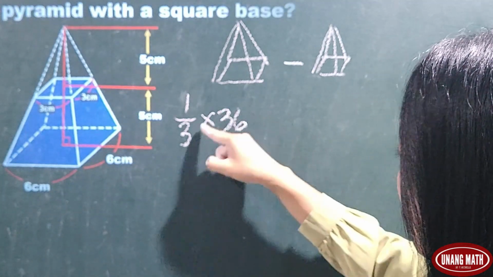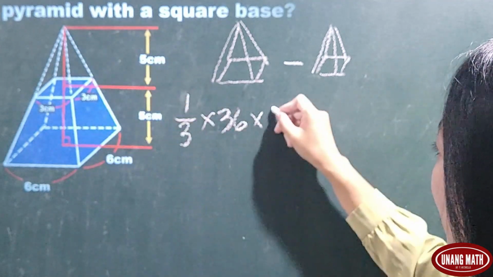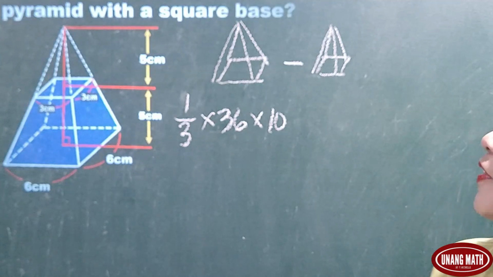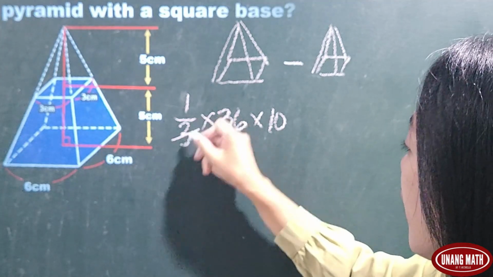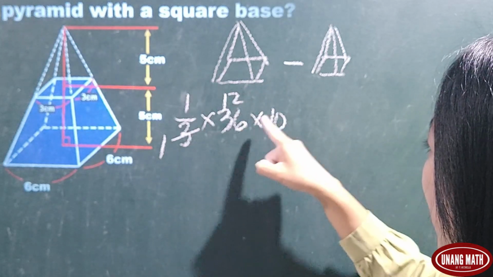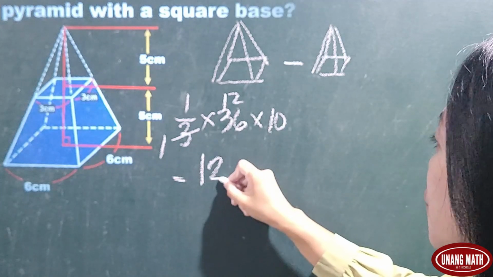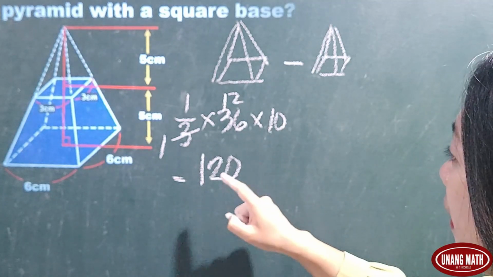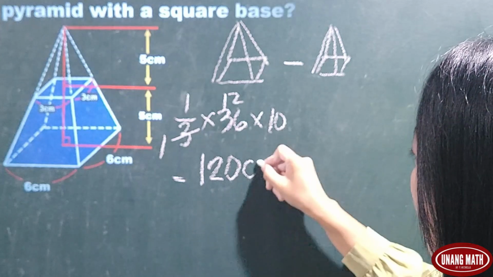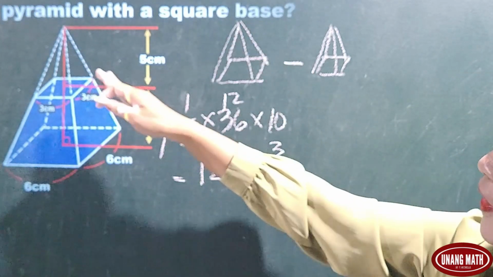So times 36, and then the height would be 10 centimeters. If we simplify, this is 12. So 1 times 12 times 10, then this is equal to 120. So 120 cubic centimeters for the bigger pyramid.